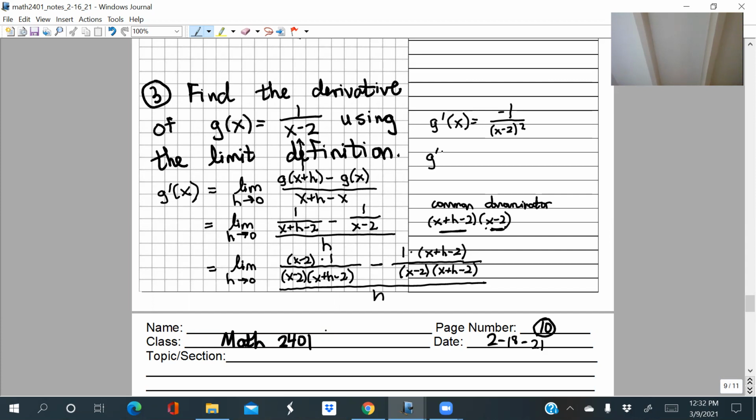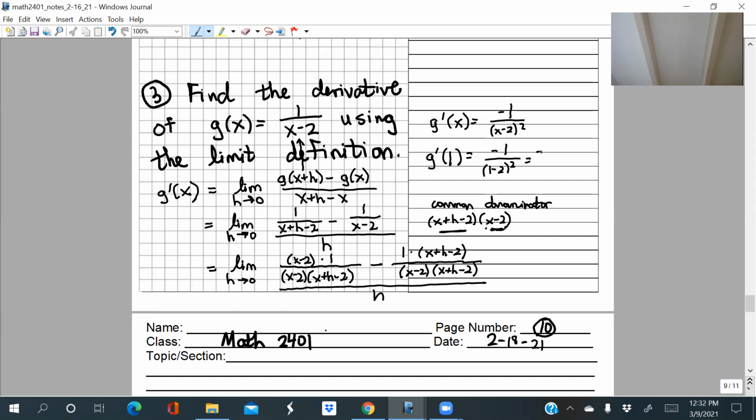So for instance, if I want to know what is g prime of 1, just to get an easy number to work with, I would get -1 over 1 minus 2 squared.